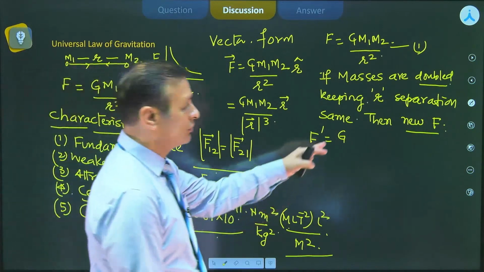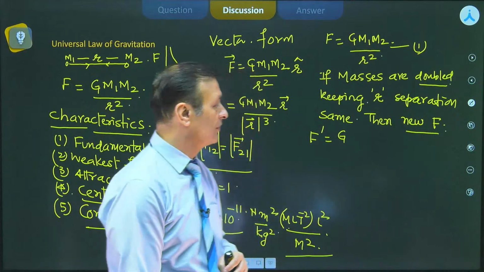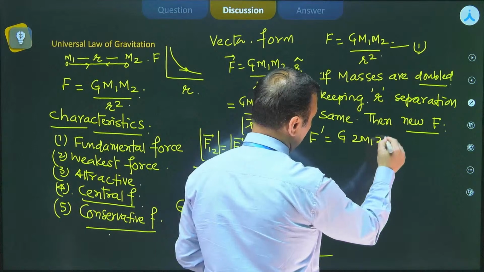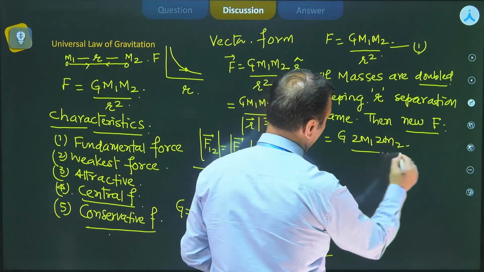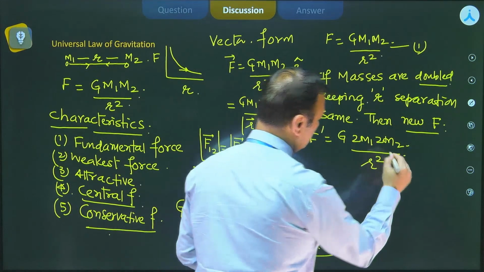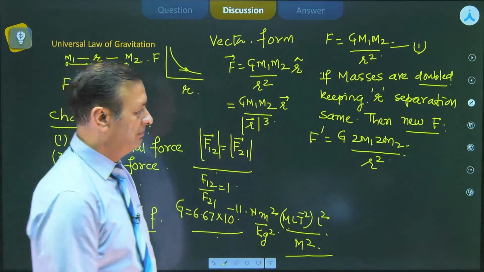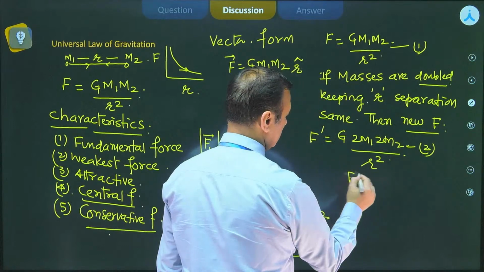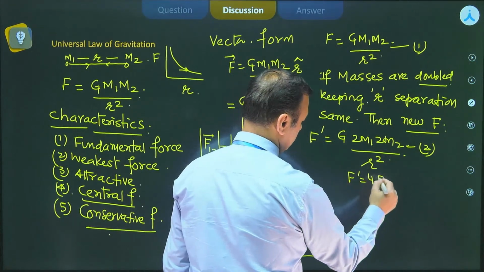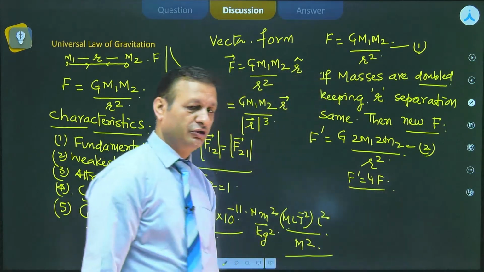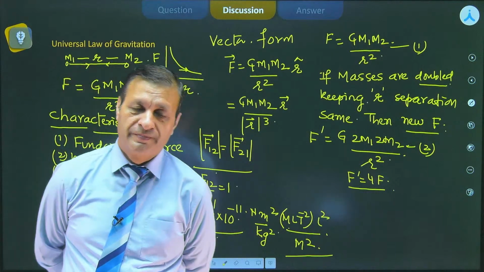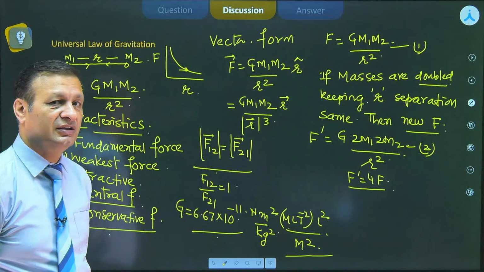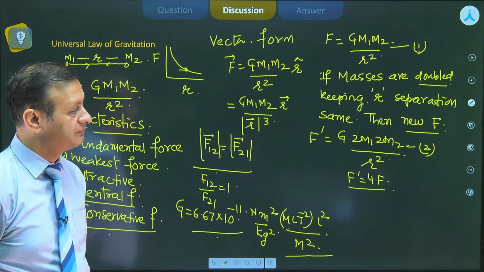Now coming back to this one, if masses are doubled, keeping separation the same, can you see this F dash? The new force would be 4 times the initial force.